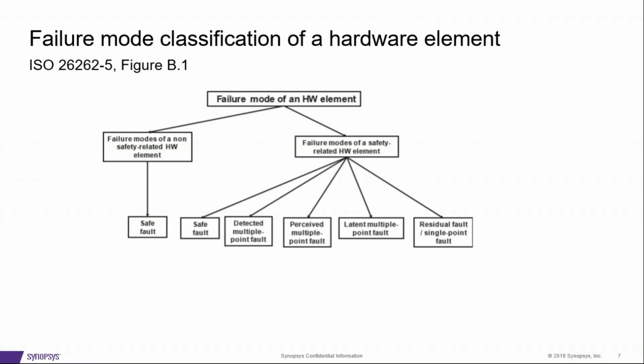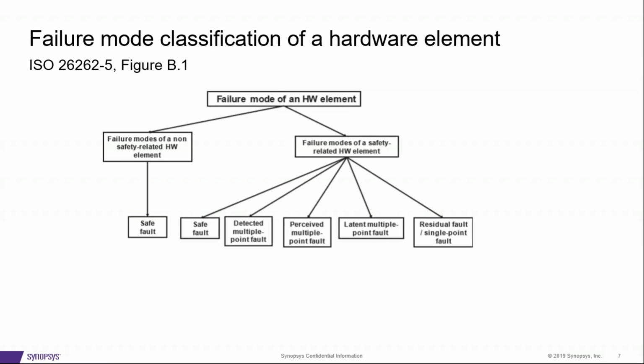First of all, is it a non-safety related hardware element, in which case all of the faults are safe faults? If it is not, then is this a safe fault, which means it does not affect the safety critical aspect of the functionality? Is it a fault that isn't going to be caught by any safety mechanism that I have in the design, and so on? This classification is a major step.